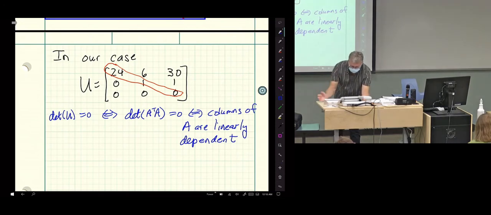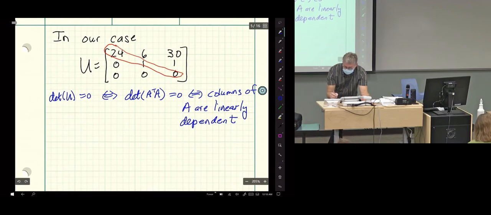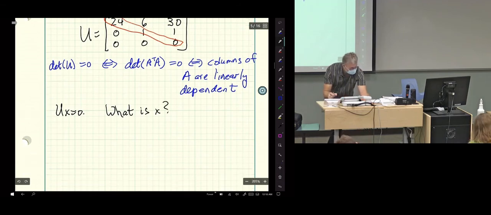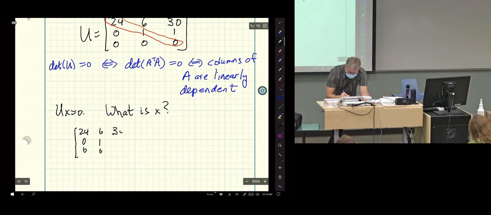Okay, so how do we solve UX equals 0? That's the question. So we want UX equals 0. What is X? Okay, well, I'm going to write it down again. 24, 0, 0, 6, 1, 0, 30, 1, 0.